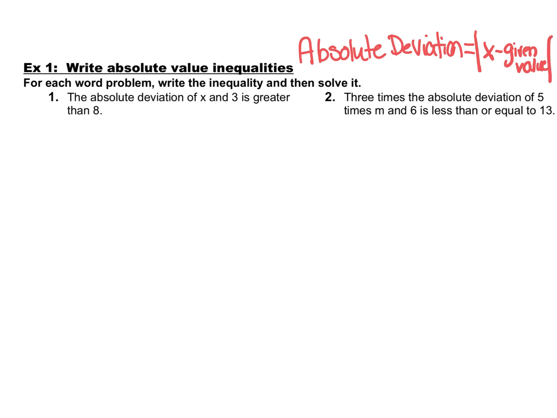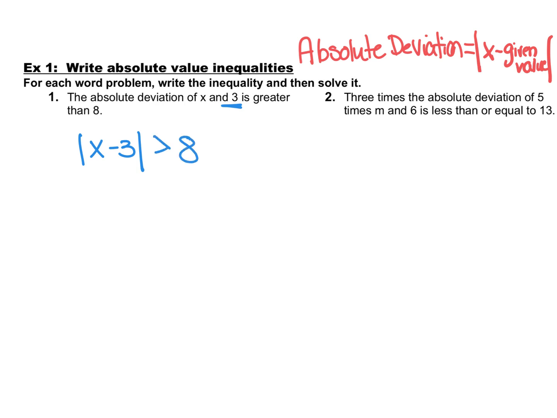All right, so let's take a look. It says the absolute deviation of x and 3 is greater than 8. Remember, the absolute deviation is equal to x minus the given value. Our given value is 3, so we subtract the 3, and that is greater than 8.